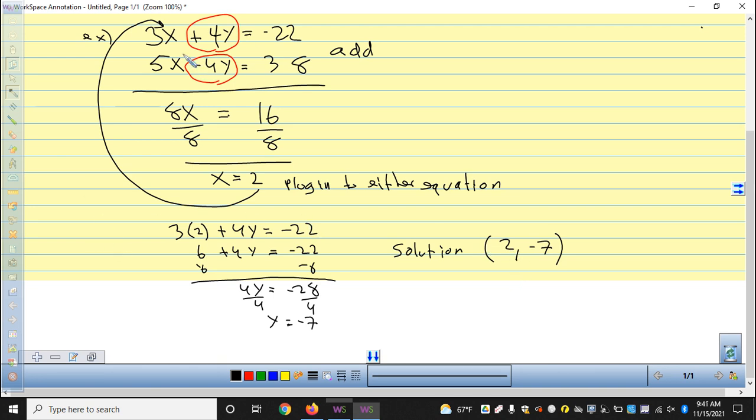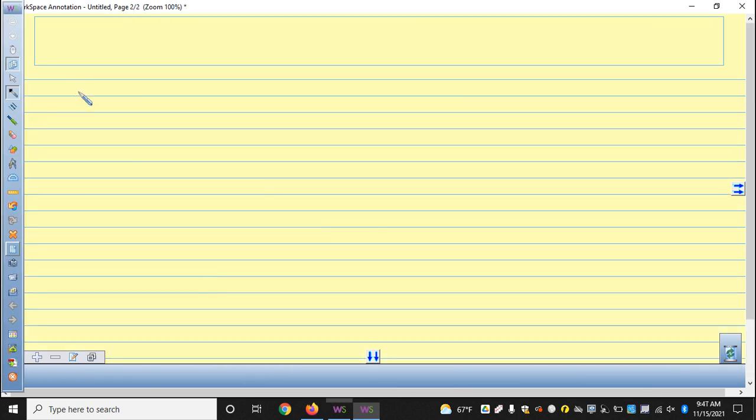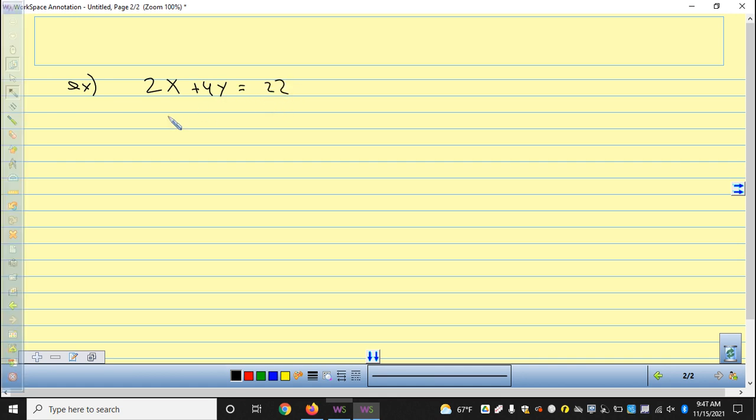All right, let's look at a situation where these two are not exactly opposite and see what we do then. So I have 2x plus 4y equals 22, and 2x minus 2y equals negative 8.